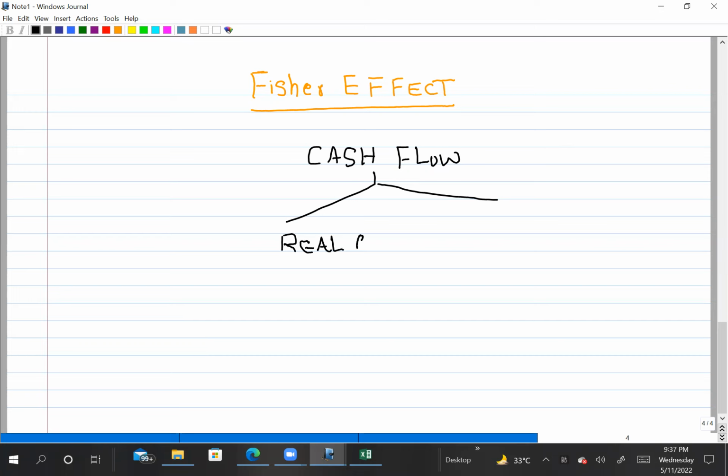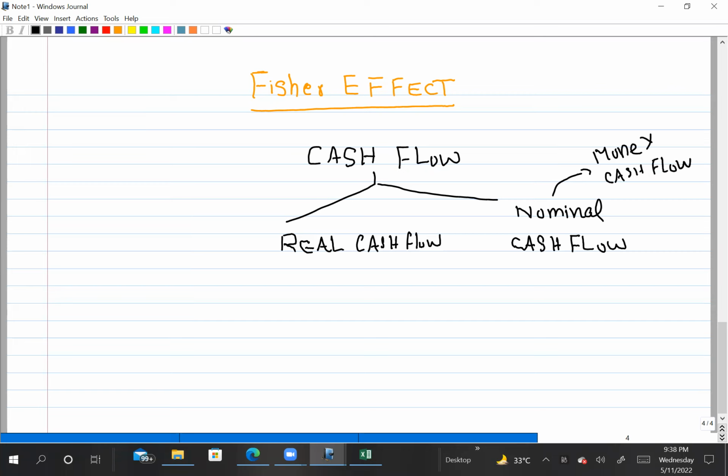Number one, the real cash flows, and number two, nominal cash flows. These nominal cash flows are also known as money cash flows.